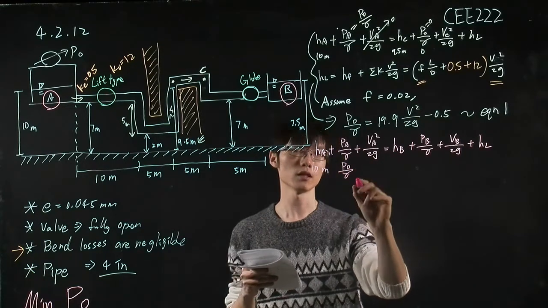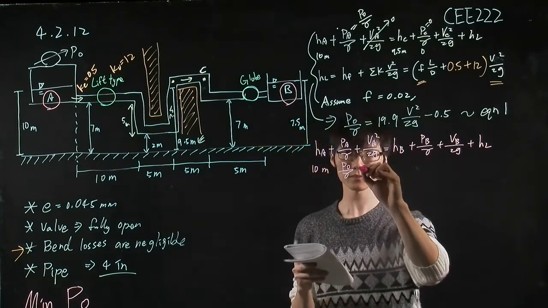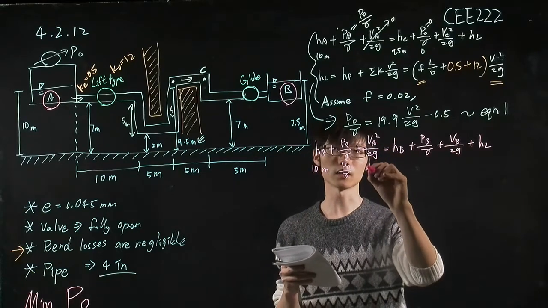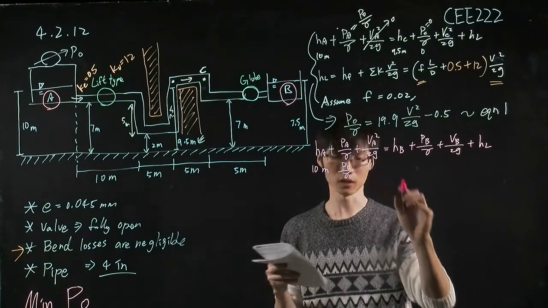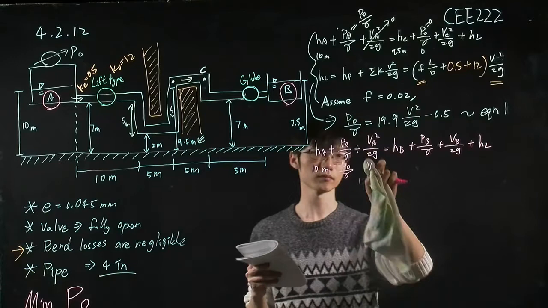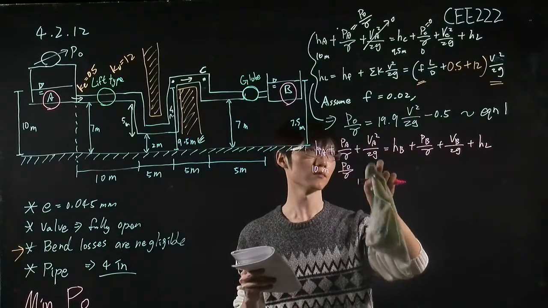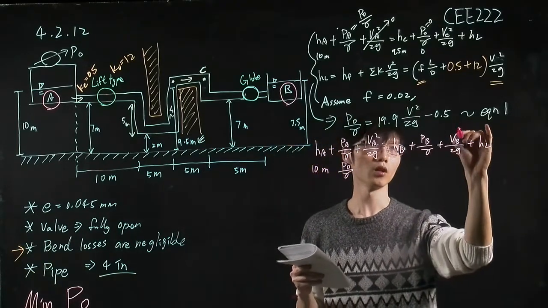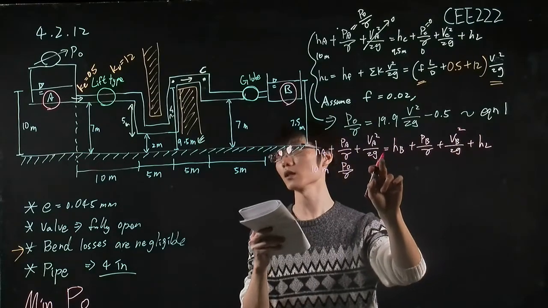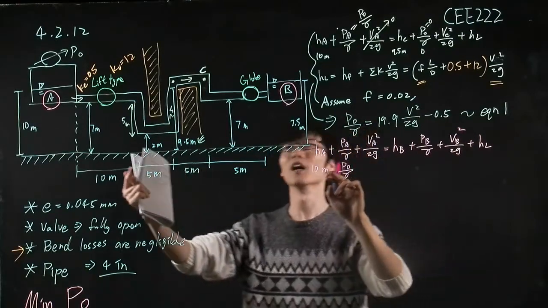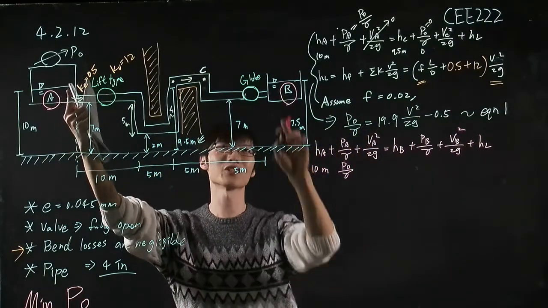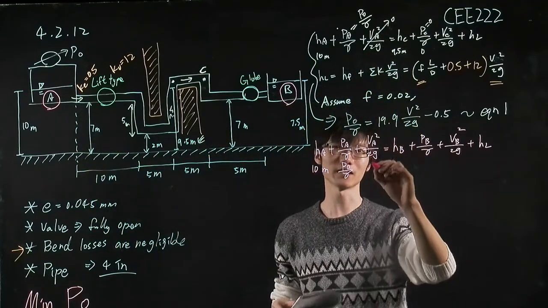It's P naught divided by gamma. And the velocity term, we don't know the velocity. Actually, we know. Velocity for these 2 reservoirs is equal to 0, as I just said.